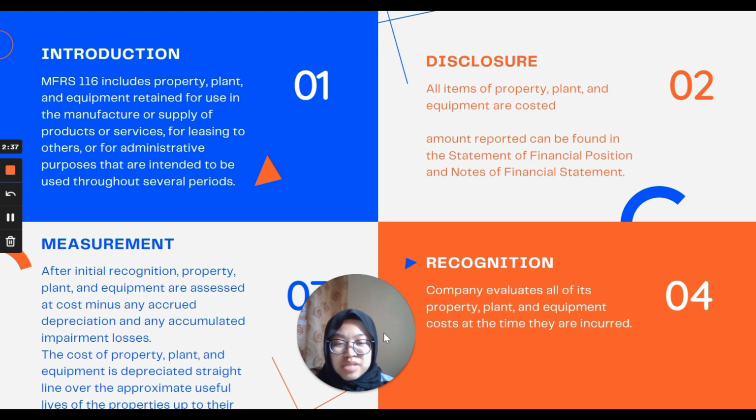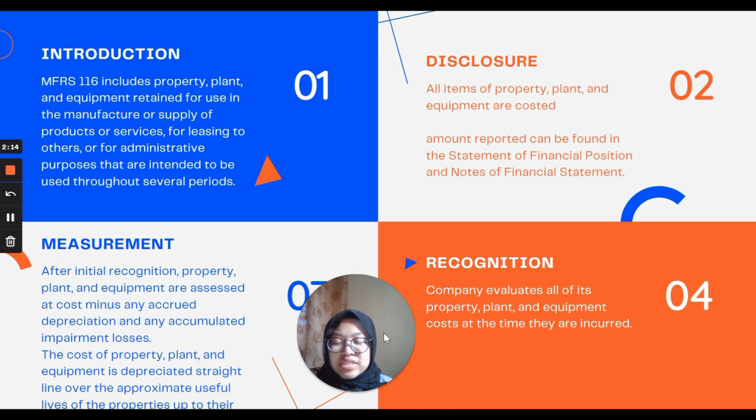Next, I will be explaining the disclosure, measurement and recognition for LB Aluminium Sendirian Berhad. Firstly is disclosure. All items of property, plant and equipment are costed. The amount reported can be found in the statement of financial position and notes of the financial statement. Next is measurement.